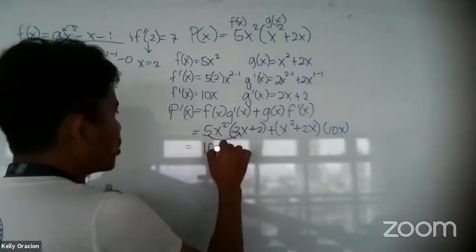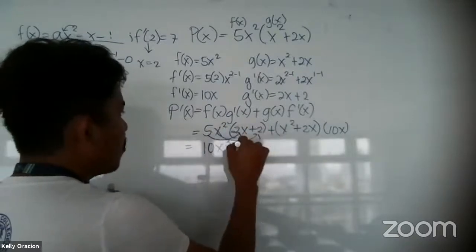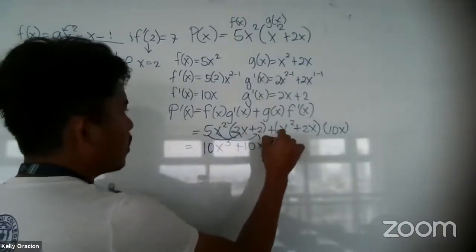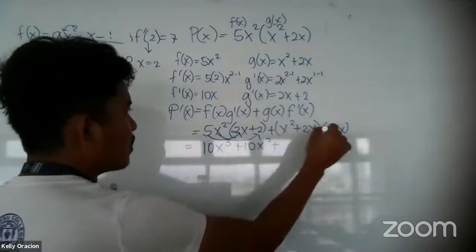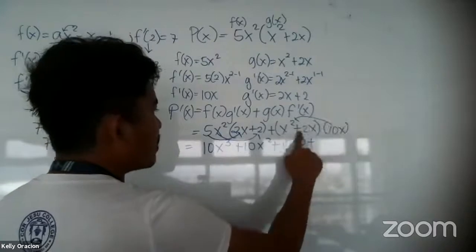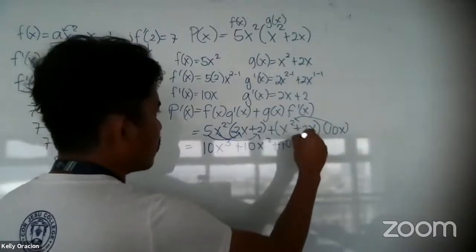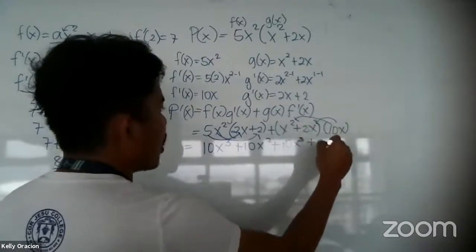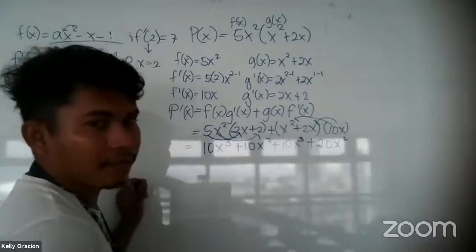So this is 10x cubed plus 10x squared plus 10x cubed plus 20x squared.